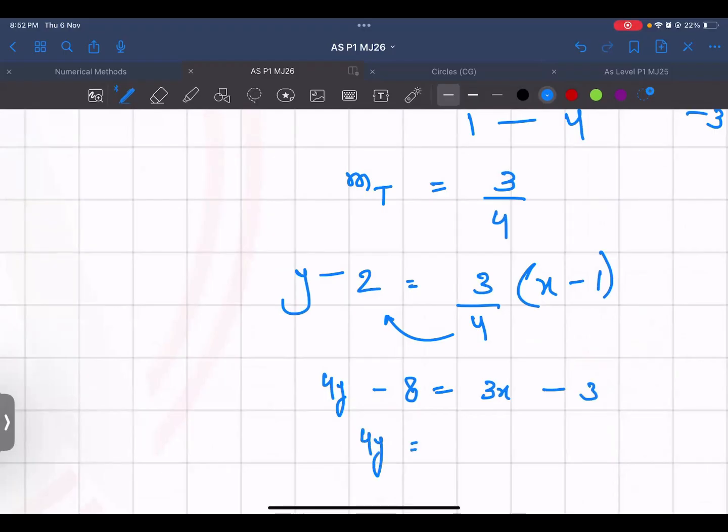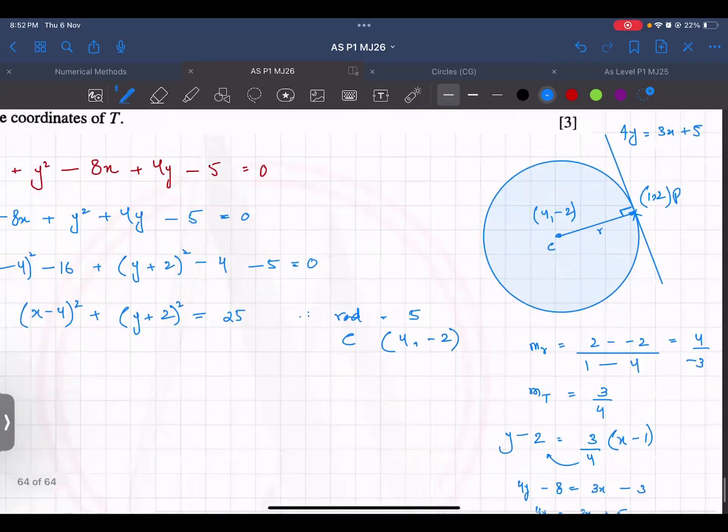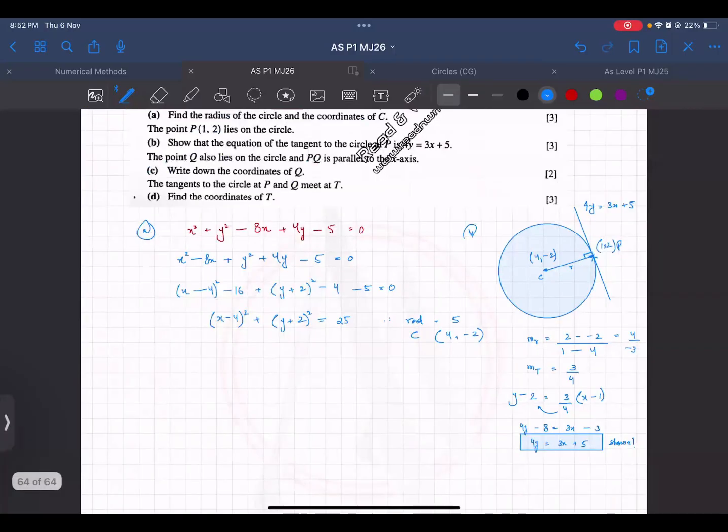So 4y is equals to 3x, and this would become plus 5. Minus 8 would go over there and become plus 8. Plus 8 minus 3 would be plus 5. So you can see it is the same. Shown. So we have got the answer to the second part as well.